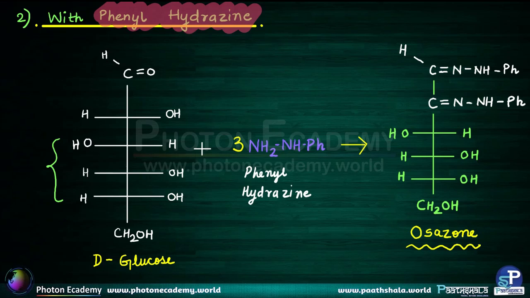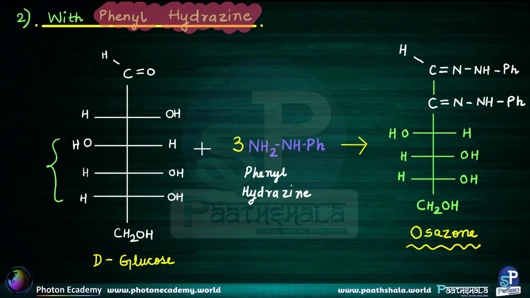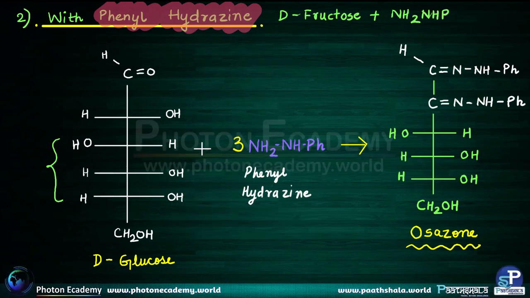D-fructose, like D-glucose, will show a similar reaction with phenylhydrazine and will give us the same product. So it is going to give us osazone also. If we have D-fructose, this D-fructose is going to react with phenylhydrazine, that is NH2, NH, and Ph, and this particular reaction is going to give us the same product as we obtain from D-glucose, that is osazone.